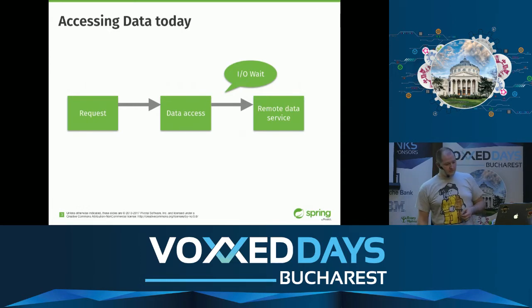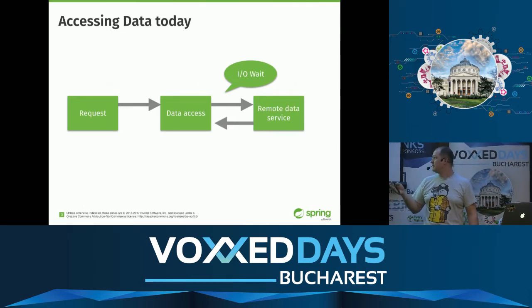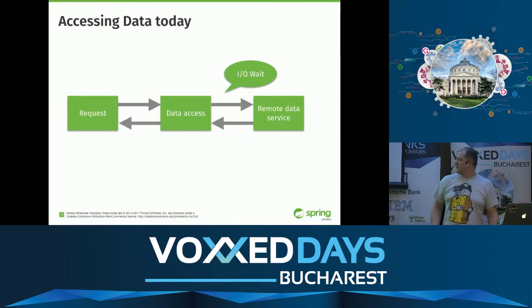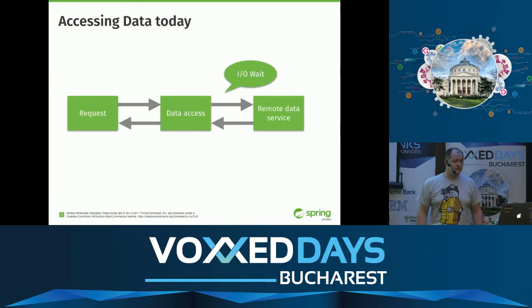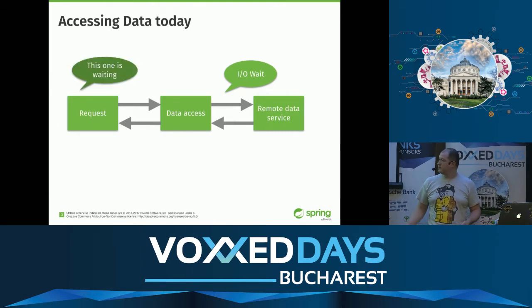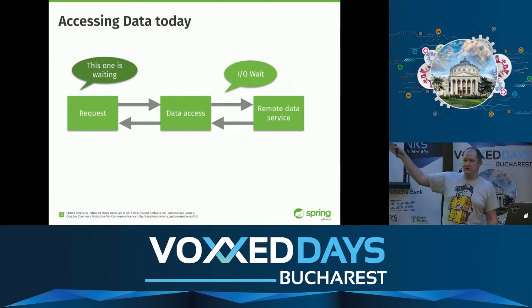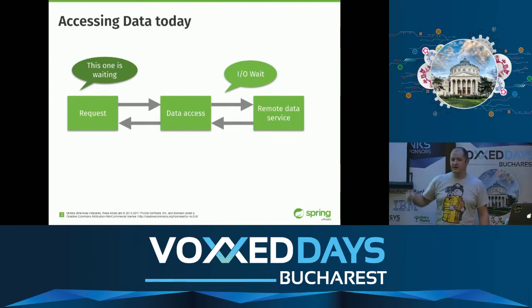After some time, perhaps, the remote data service starts answering, maybe fast, maybe slow, and you start processing the data and return the data from a request. But the one who initiates the request is still waiting.